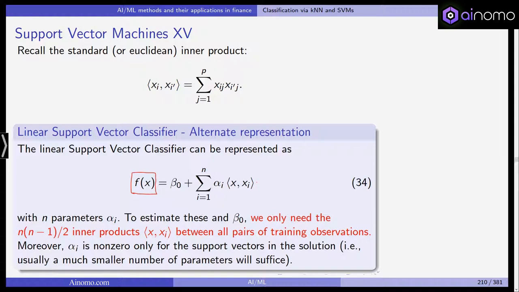However, alpha i is non-zero only for the support vectors in the solution. You can again see why they're called support vectors. This means that we don't need all n parameters alpha i, but a much smaller number of parameters to represent the hyperplane from the support vector classifier.